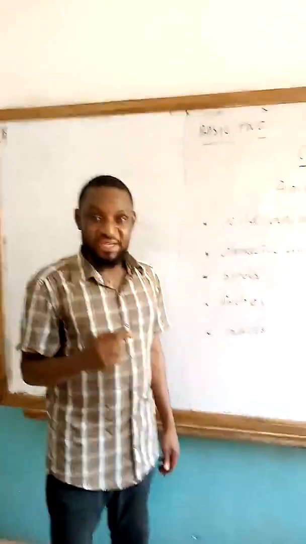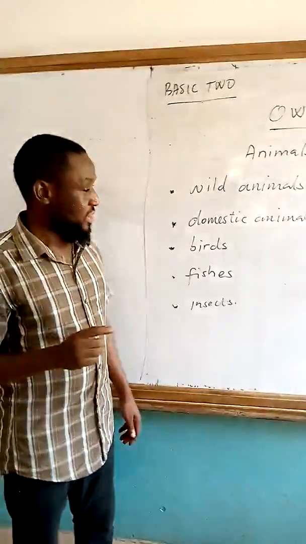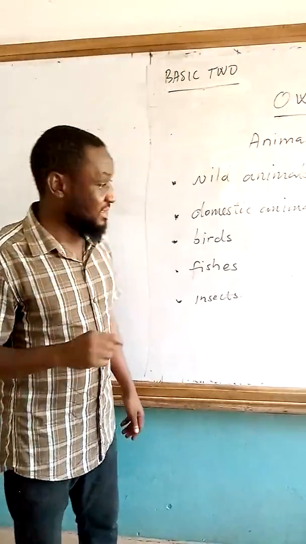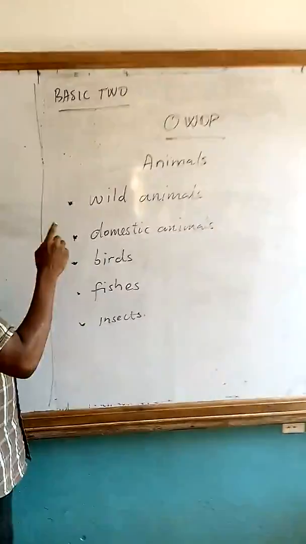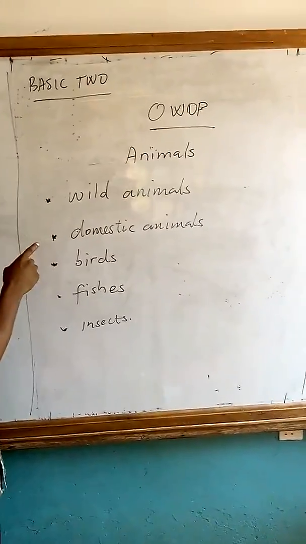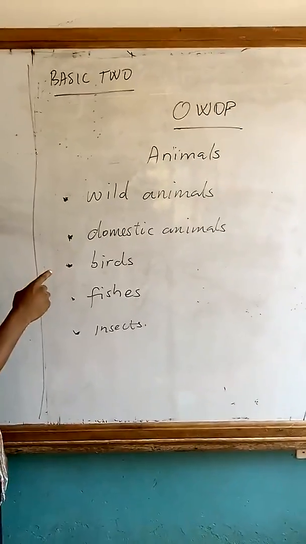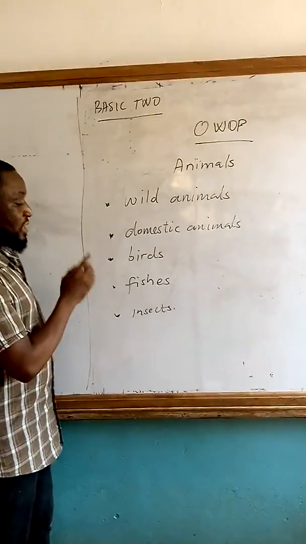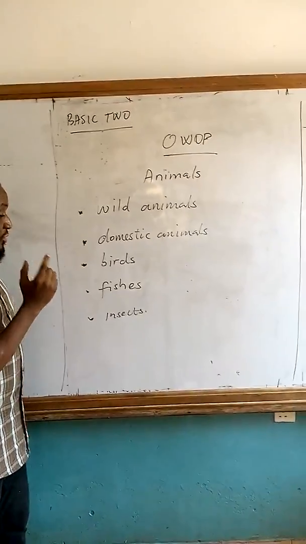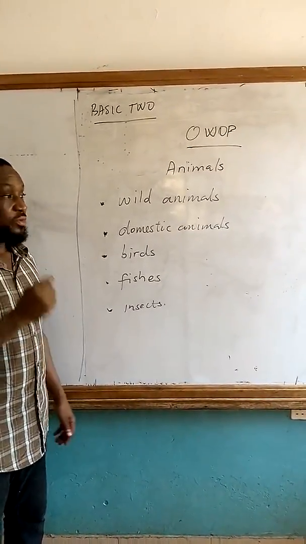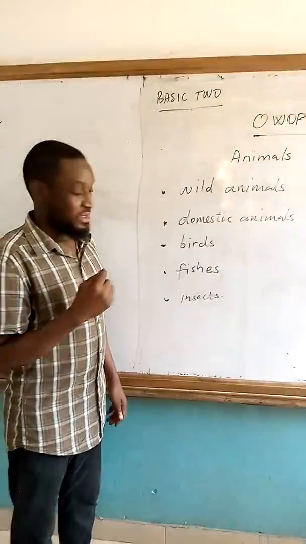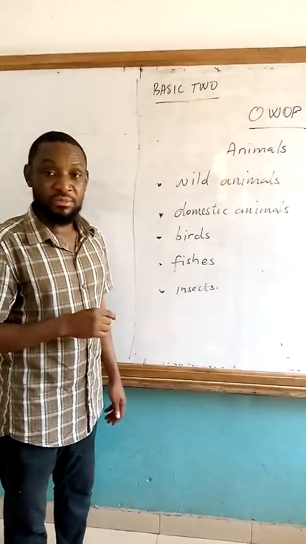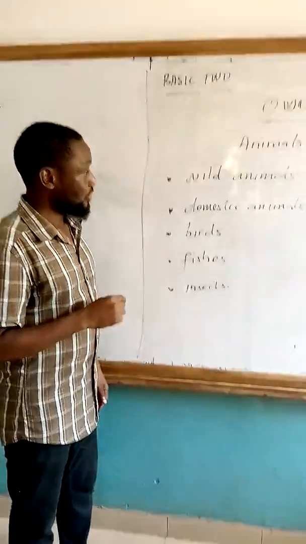I'm going to divide the lesson into two, and so today we are going to look at wild animals, domestic animals, and birds. And then in our next lesson we will look at fishes, insects, and the benefits we derive from these animals.